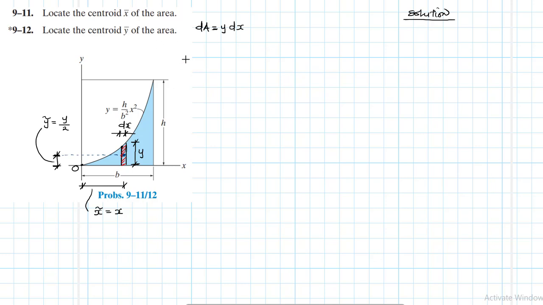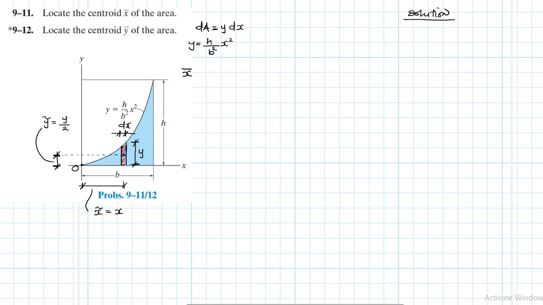Once we have this information, we also know what y is. We've already been given that y is equal to h divided by b squared times x squared.